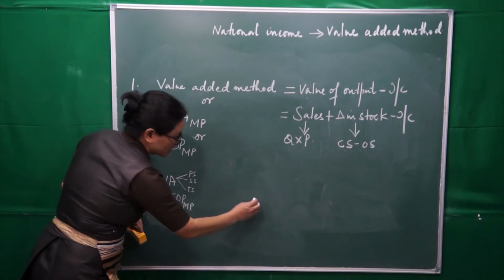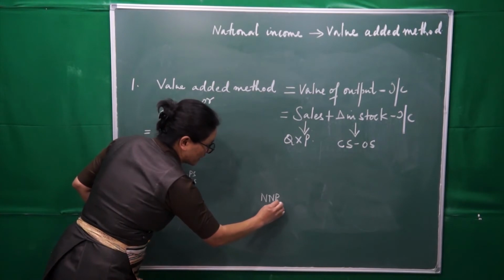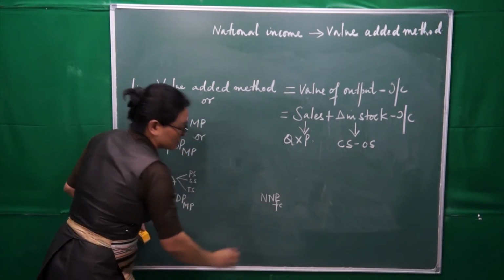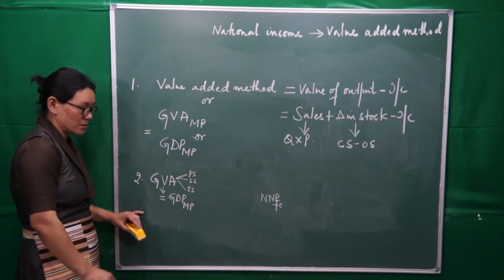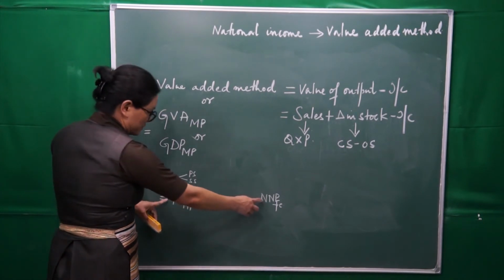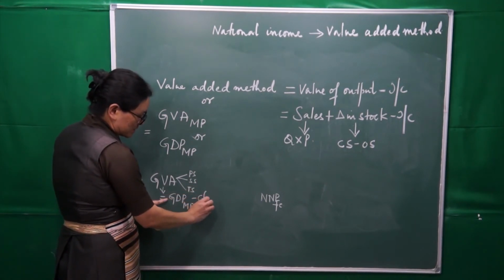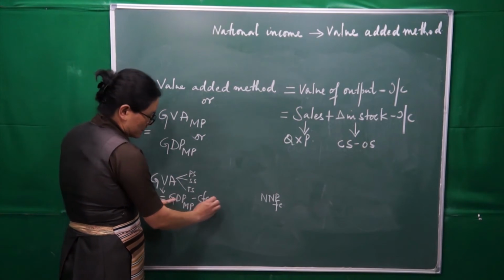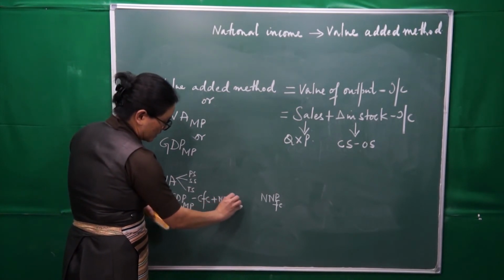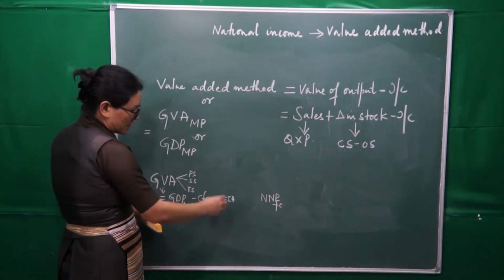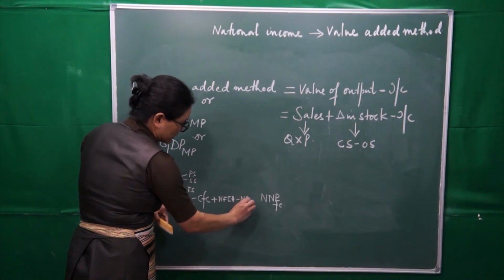Now if we want to convert it into NNP at factor cost, it's very easy, right? You have to go for conversion here. So GDP minus CFC, plus NFIA, and market price to factor cost conversion, minus NIT.